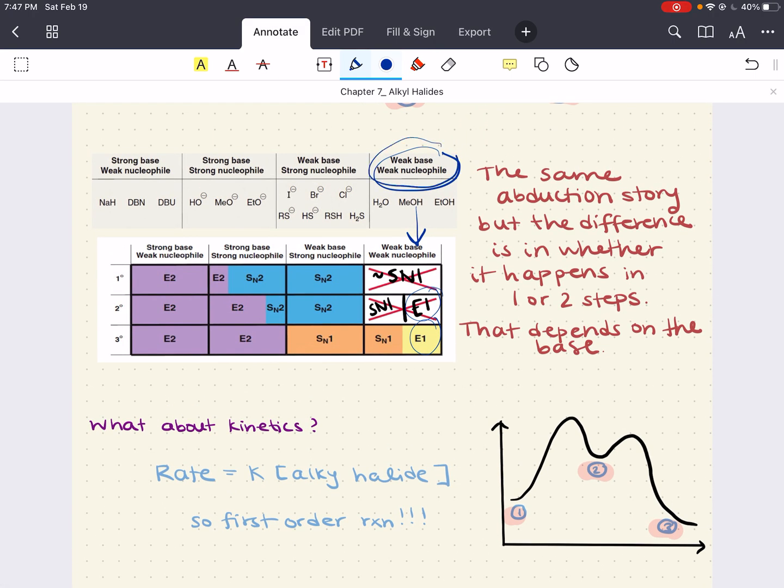Just a friendly reminder: you're going to get elimination reactions with weak bases, weak nucleophiles. ROH, where R can be ethyl, methyl, or any other alkyl chain, is a weak base, weak nucleophile, and you need an alpha carbon that's secondary or tertiary for it to proceed.